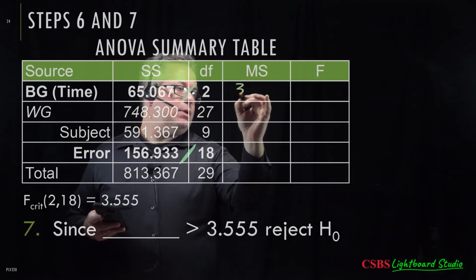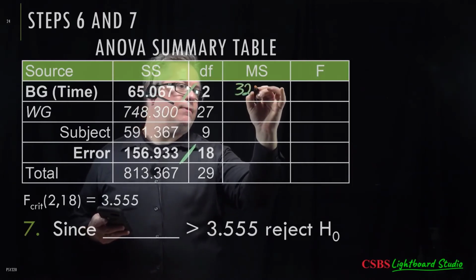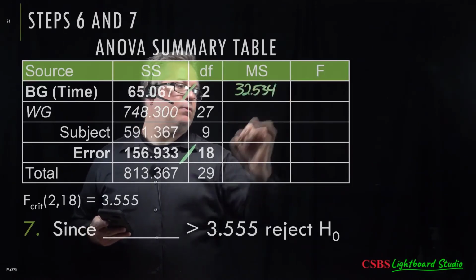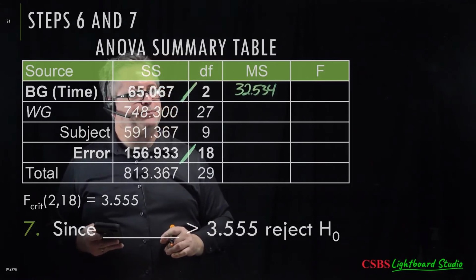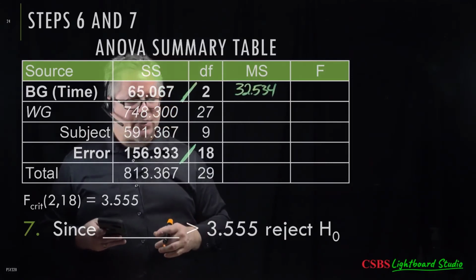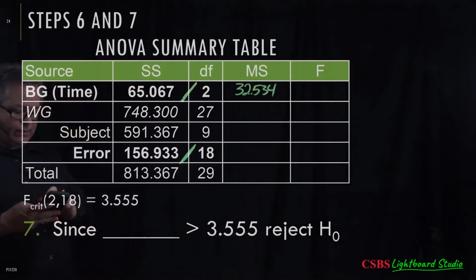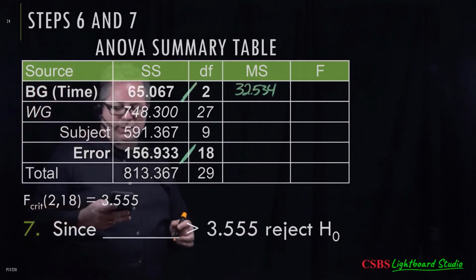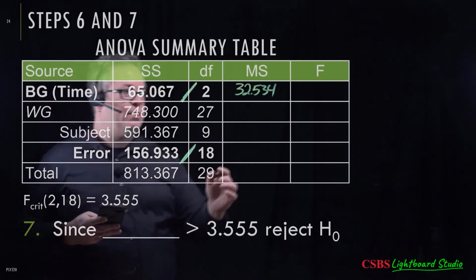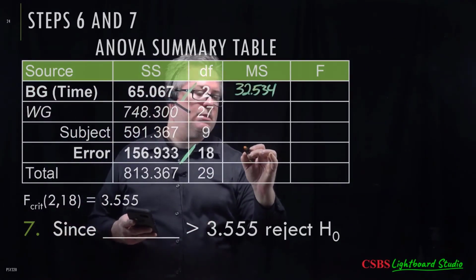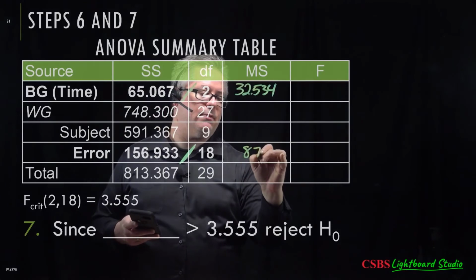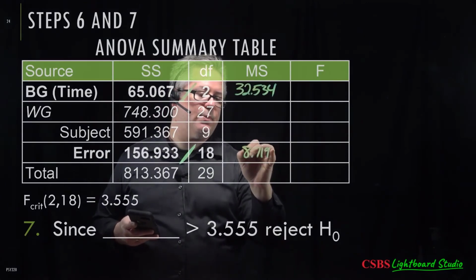So 32.534 is my mean square there. The only other one I need to do is the one for error. That's 156.933 divided by 18 equals 8.719.